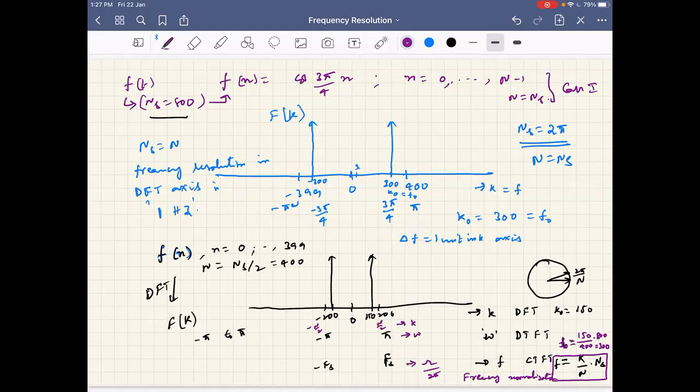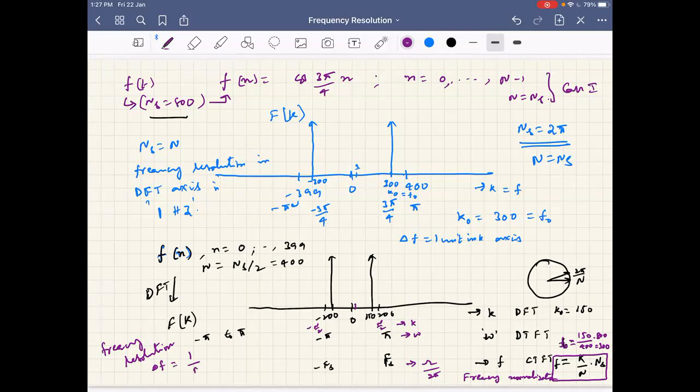What does it mean here? The frequency resolution, if we see, is equal to each of the two samples, k equal to 1. That means delta f is equal to 1 sample in k. How much does it represent?